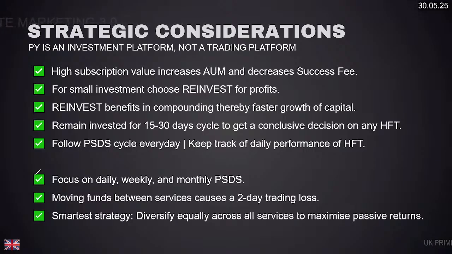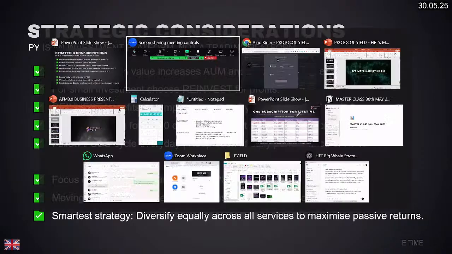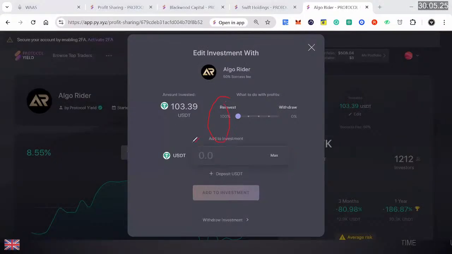It doesn't make any sense to hold those profits in pending transactions. So choose to reinvest profits for small investments. Reinvestment benefits in compounding, thereby faster growth of capital. That's an added advantage. Whatever you choose to reinvest adds to your capital. Okay, and based on the P&L report, you make a profit as and when it happens.